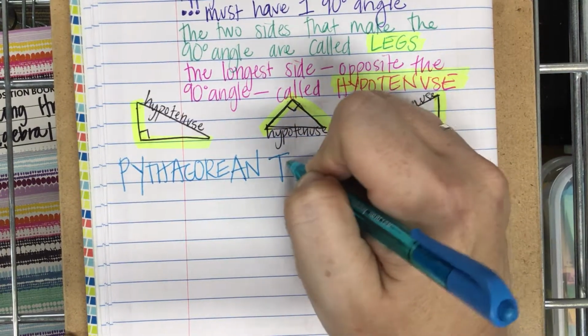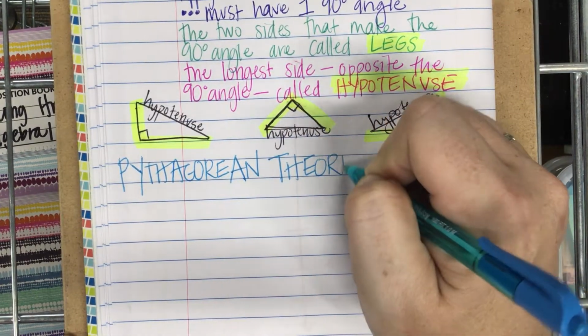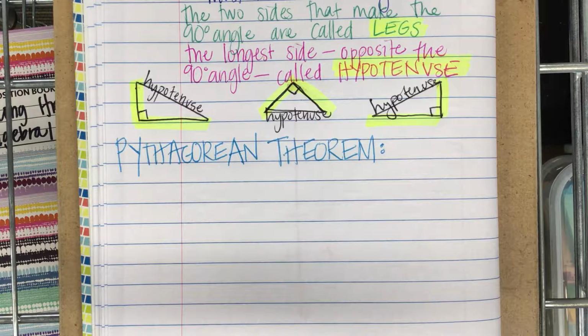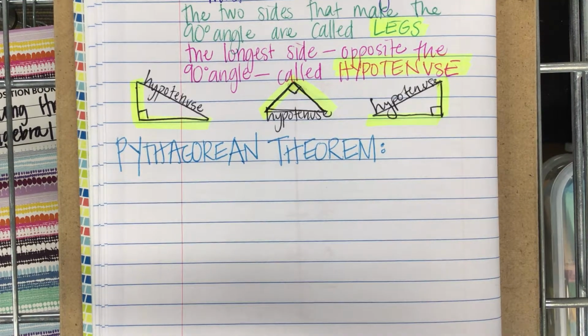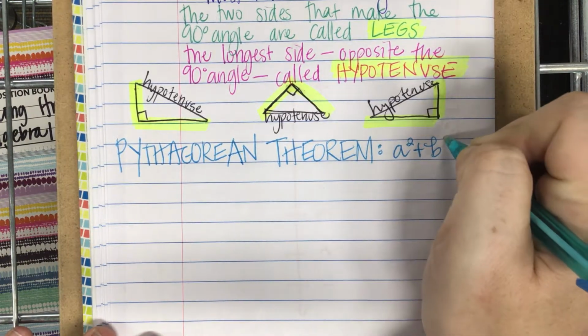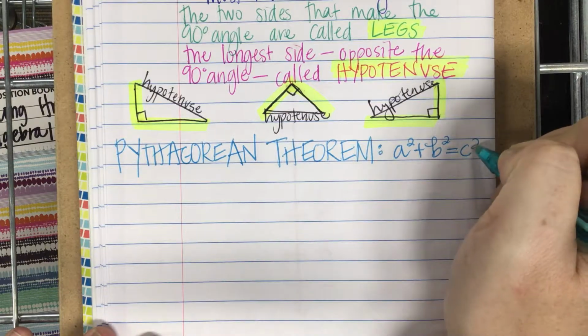The Pythagorean Theorem. The Pythagorean theorem is a squared plus b squared equals c squared.